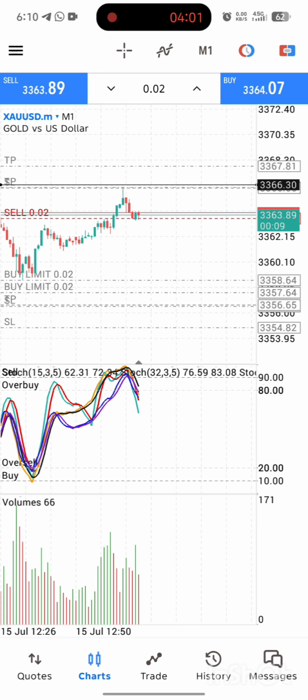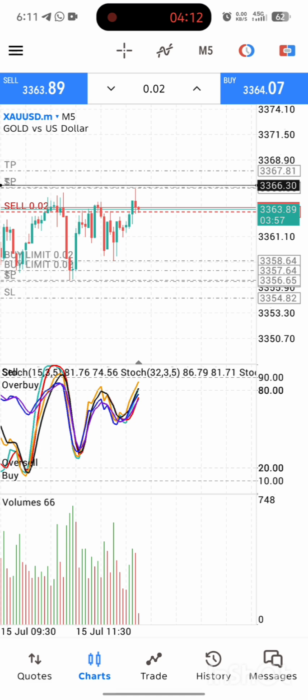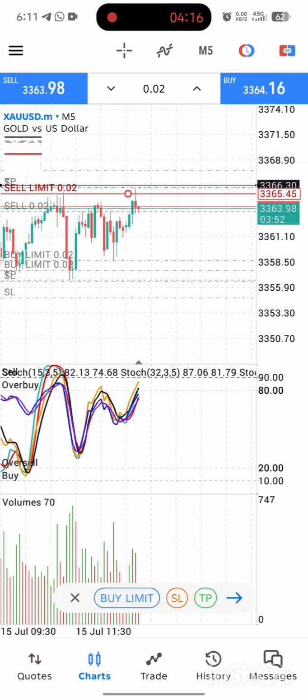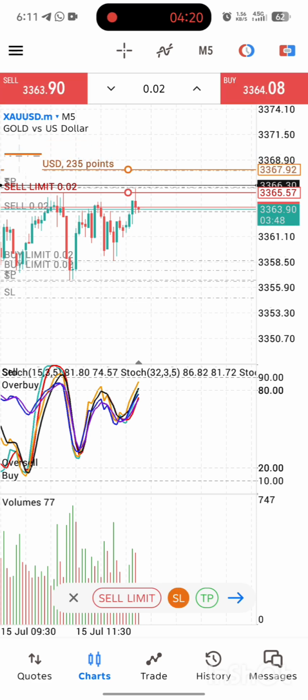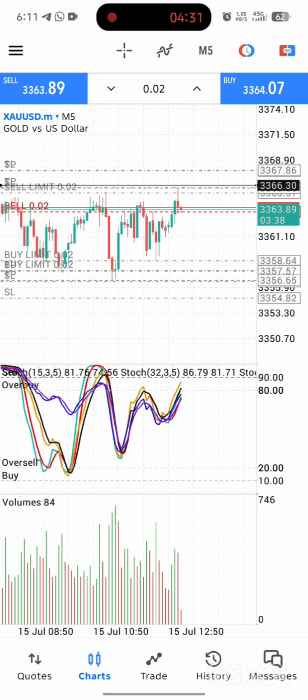And if we take a look, maybe the price will be visiting this area once more before making a continuation to go down. So we just put our limit order. I'm just gonna go for the lower one here and see how the trade goes.